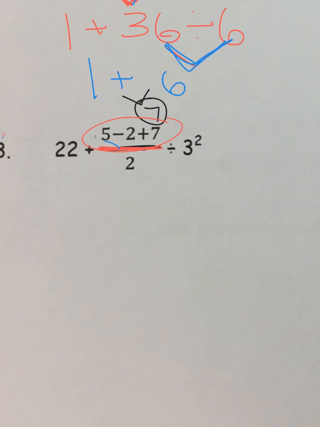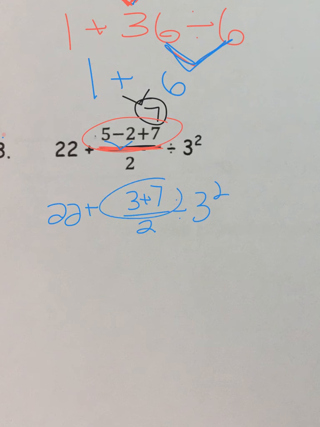So going left to right, the way that we read a book, this is the first thing that I see, the 5 minus 2. So I'm going to rewrite everything I didn't use, 22 plus 5 minus 2, which is 3, okay, plus 7, all divided by 2, divided by 3 squared. Again, I still see a group. There's still a party on top, so I got to take care of that.